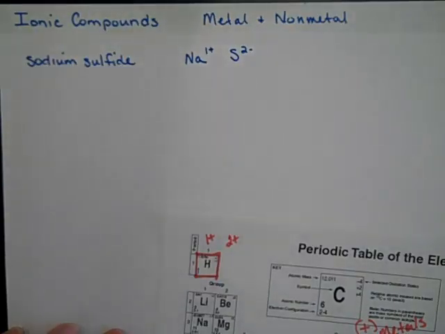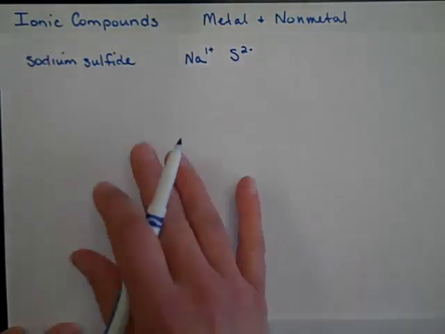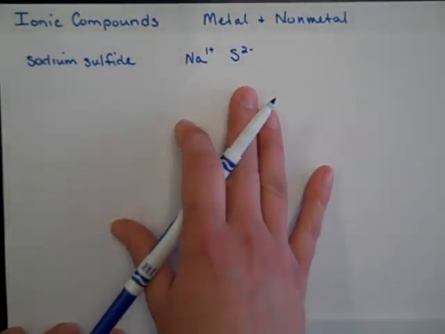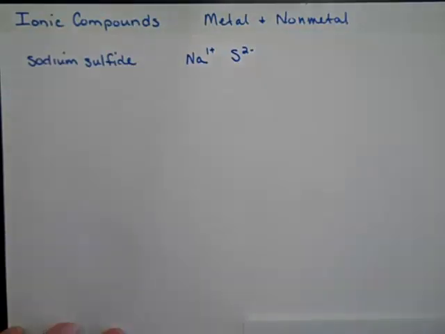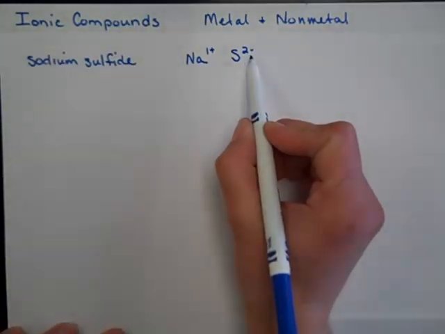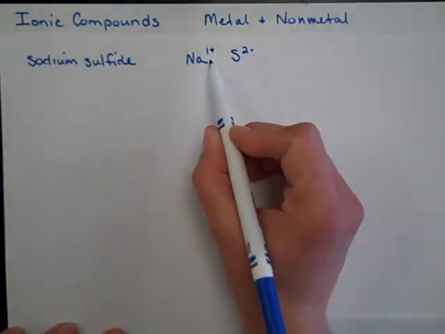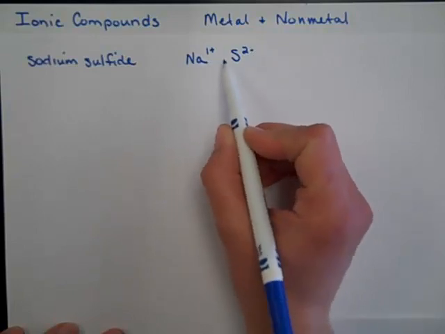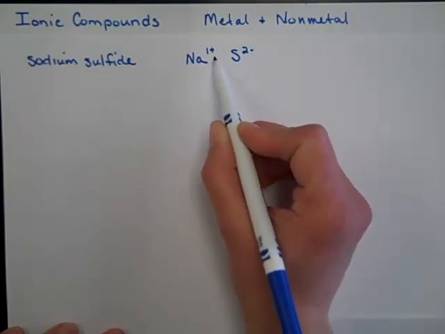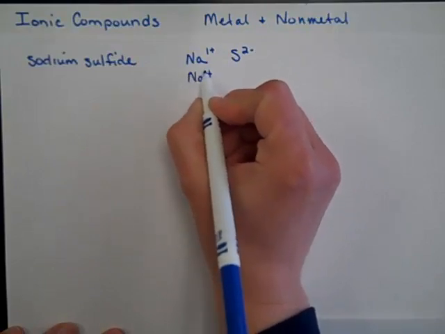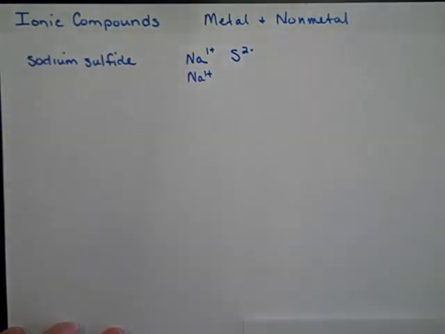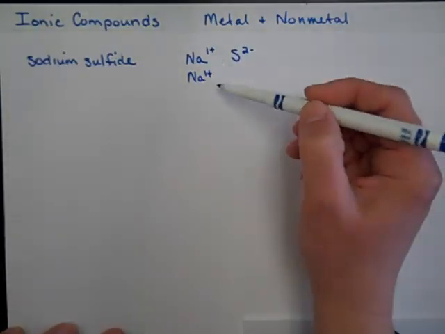Now what we want to look at is how are these going to balance? How are we going to write this formula so that we have the same number of positives as we do negatives? Well, if we have 2 negatives and 1 positive, we have more negatives than we have positives, so we need more positives over here. Well, what happens if we add 1 more positive? Now how many total positives do we have here?